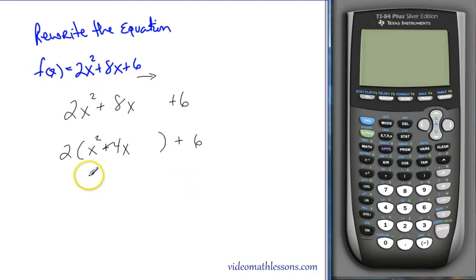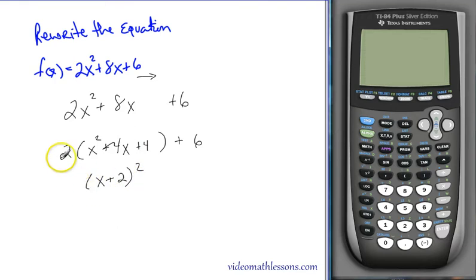Now we do exactly what we did before. If I take half of this, I get a 2. And if I square 2, I get a 4, and that would be inside this parenthesis.